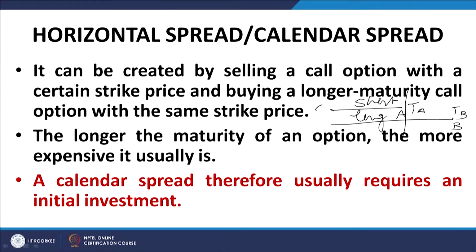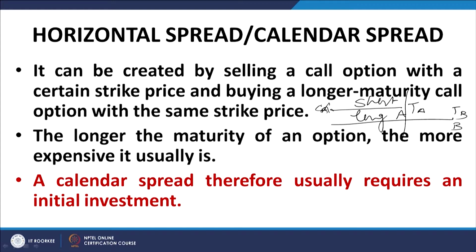In other words, the inflow that you get by writing option A, C A, would be less, and the outflow that you incur by buying option B, which has a longer maturity, would be more. Therefore, C B minus C A is going to be positive. The net cost of setting up this strategy is going to be positive. The net cash flow is going to be negative.